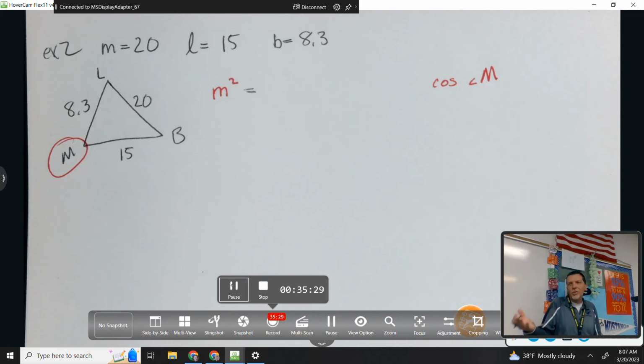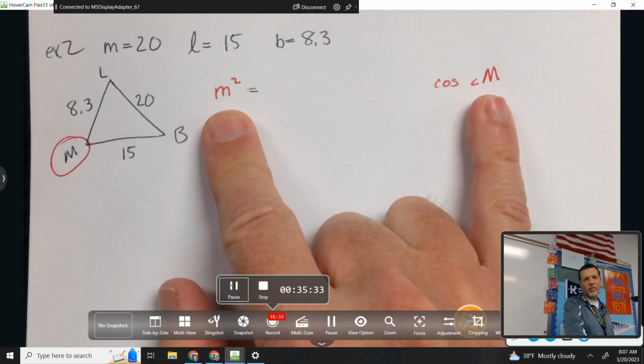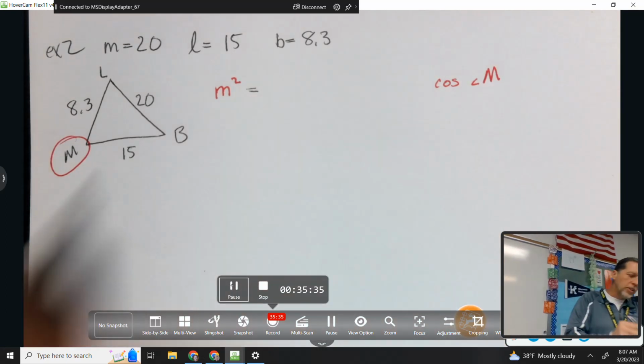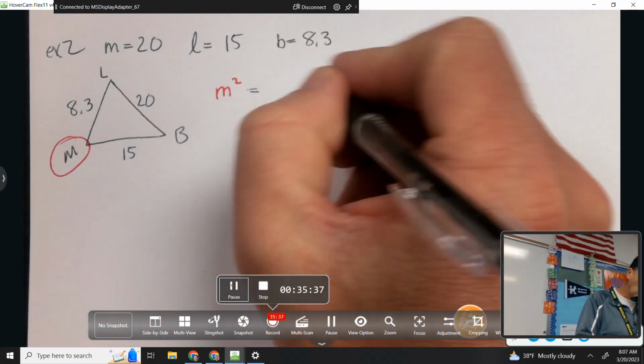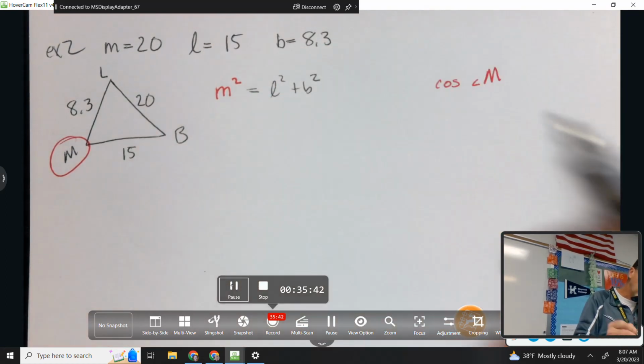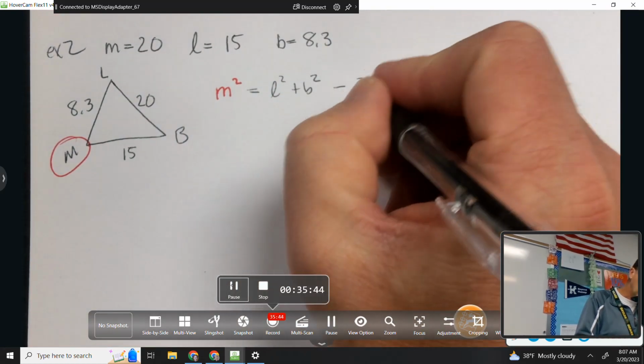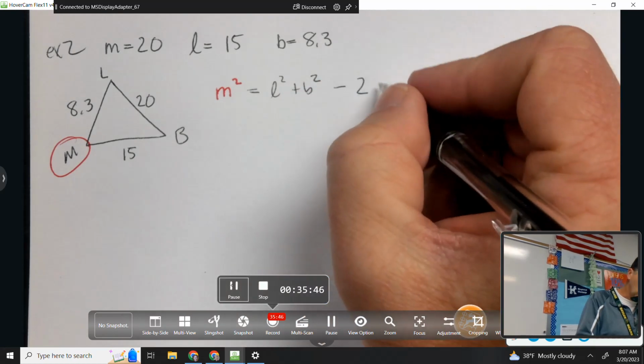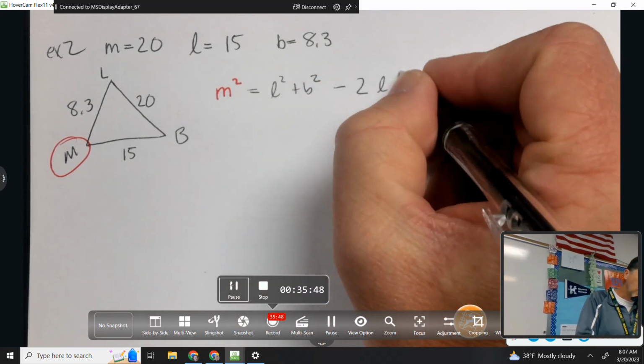That's a little bit silly. Know that the angle and side have to be across from each other, and then I'll use the other two sides in here, so L and B, L squared plus B squared, minus 2 times those two sides, L and B, times cosine of M.